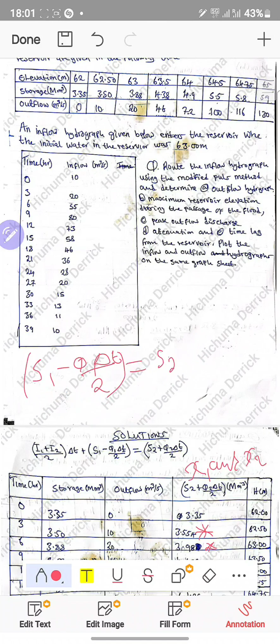So you say S2 plus Q2 change in time over 2 minus Q2 change in time. Now what does this mean?